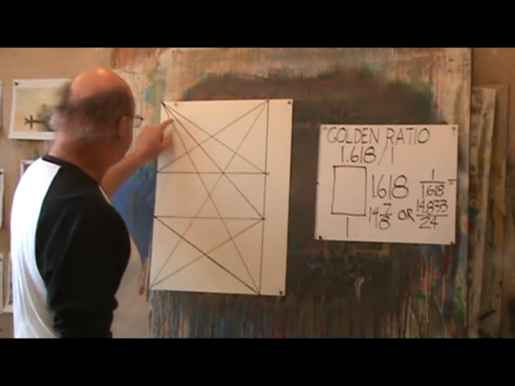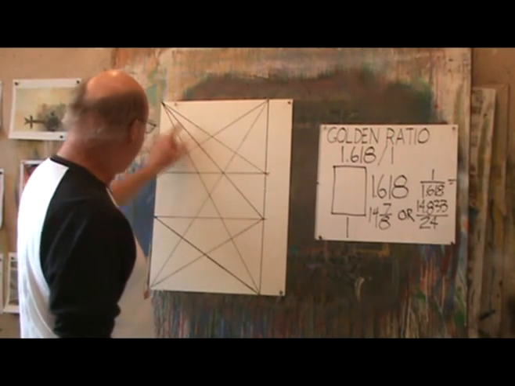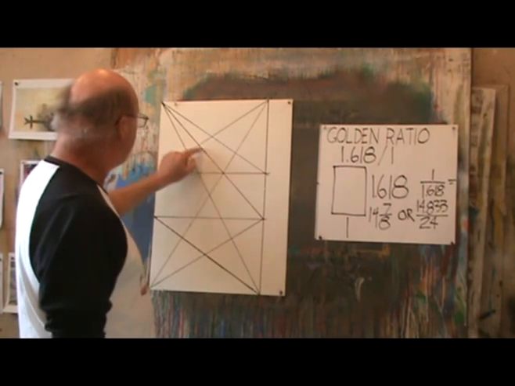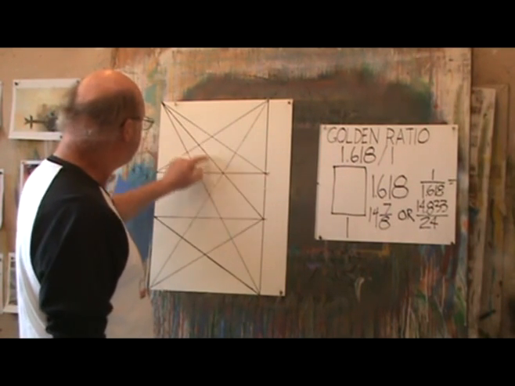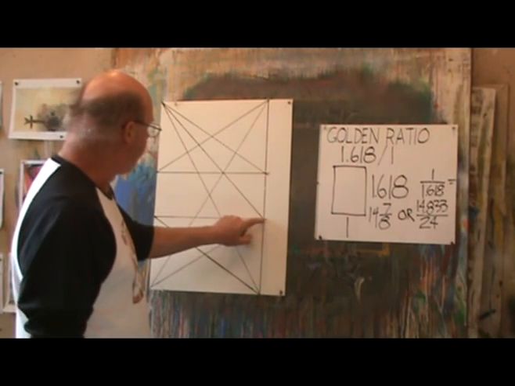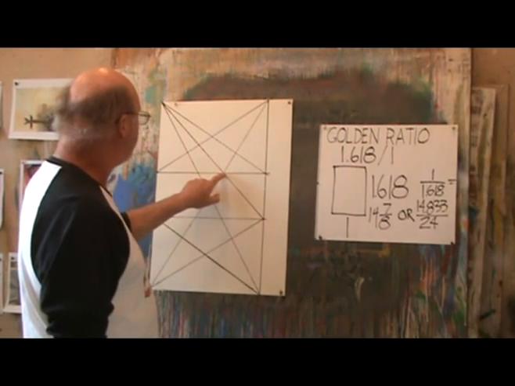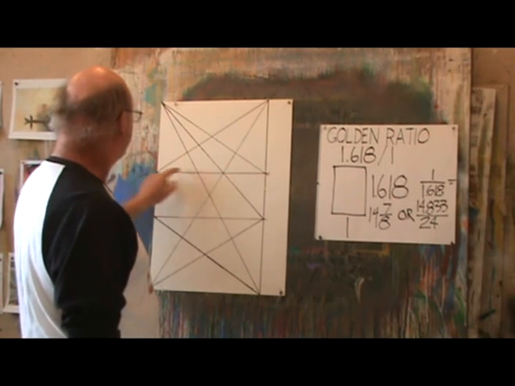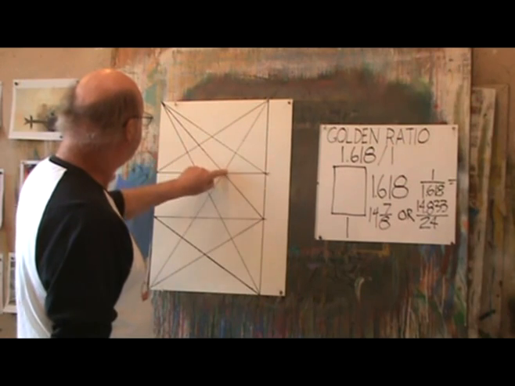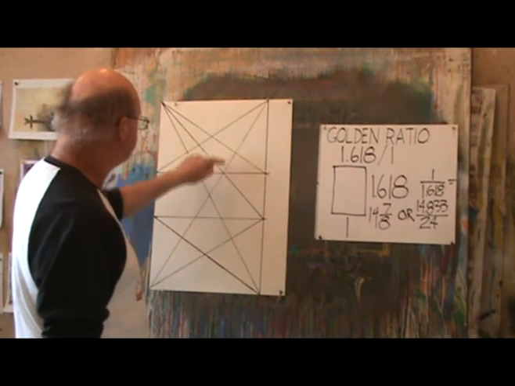Because this is a diagonal across a square, that means that this is a 45-degree angle. And anything along this diagonal is a square. It's a square here. And if you took a look at this point, from here and then take a line up to here, this is a square.